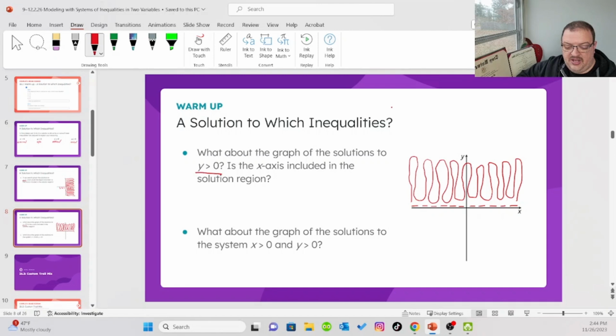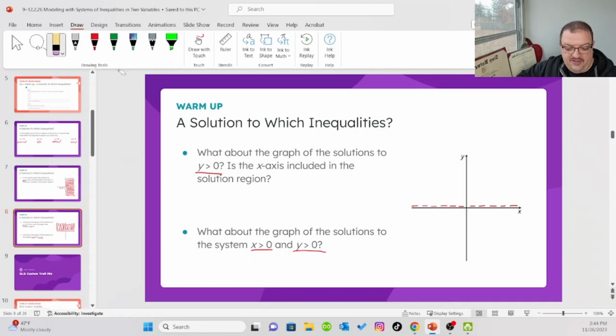What about the graph of the solutions to the system x is greater than 0 and y is greater than 0? So now if we wanted to graph that, we would have our dotted line on the y-axis, and we would have our dotted line on the x-axis, and we would shade in everything in quadrant 1.